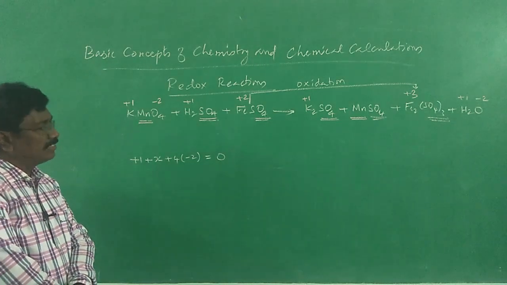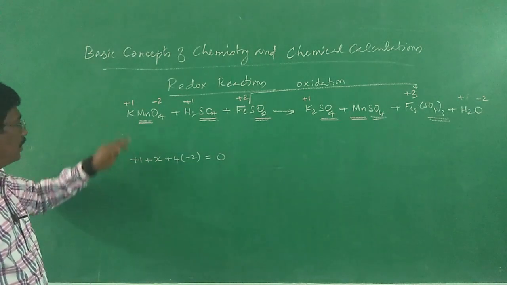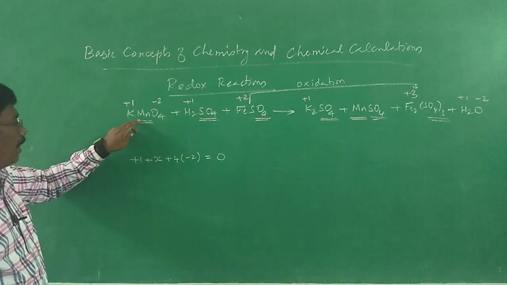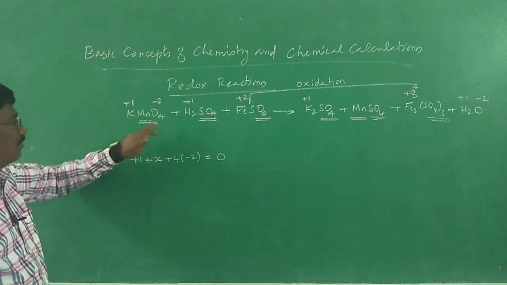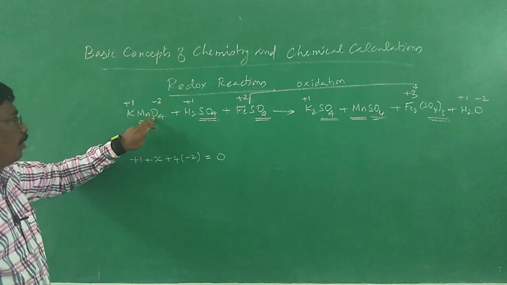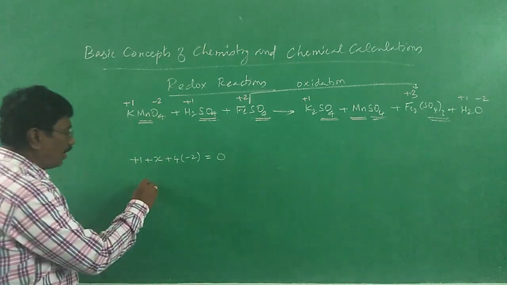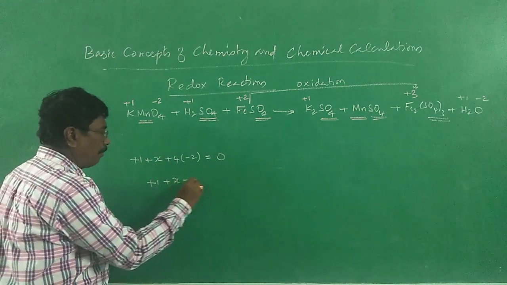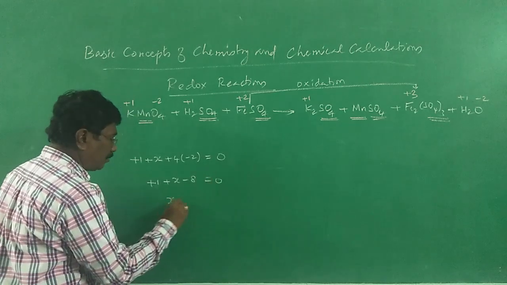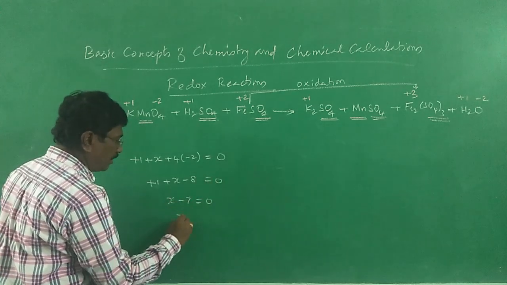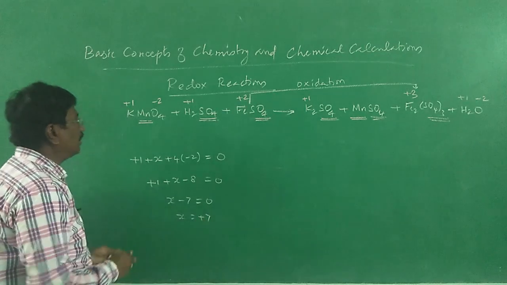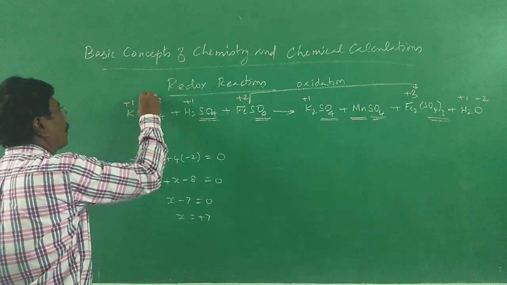If it is an ion, it equals the charge on the ion. Here 1 potassium, charge plus 1. 1 manganese, 1 into X, simply X. 4 into minus 2. So plus 1 plus X minus 8 is equal to 0. X minus 7 is equal to 0. That means X is equal to plus 7. Here the oxidation state of manganese is plus 7.